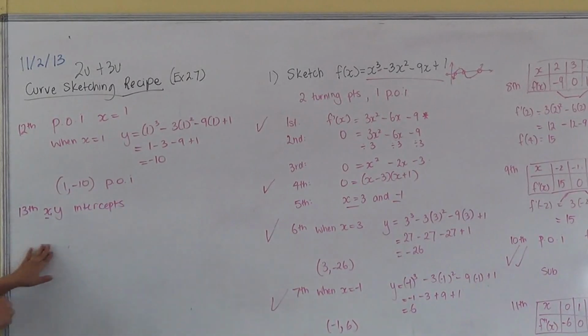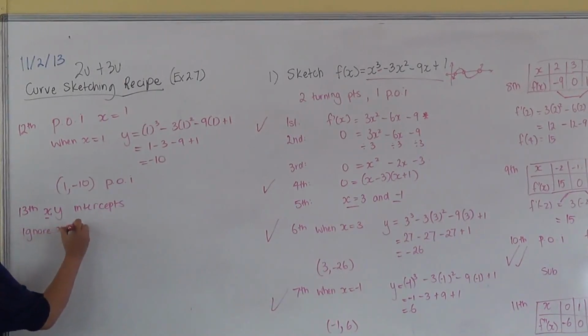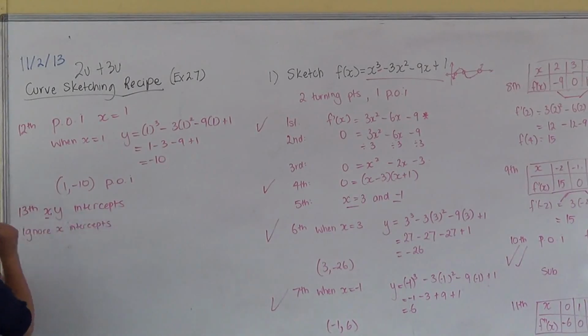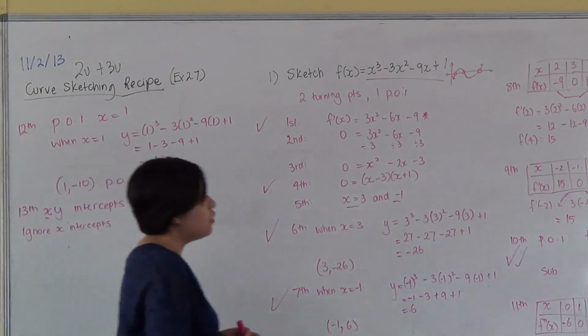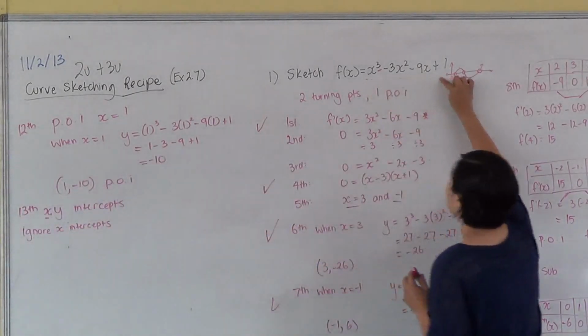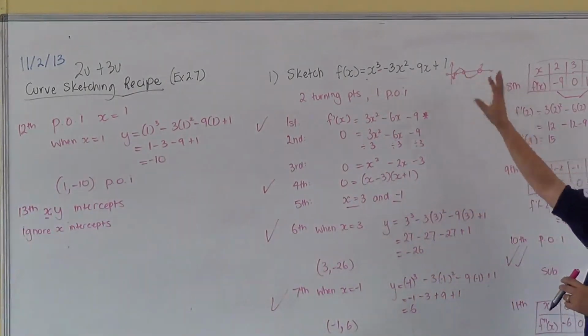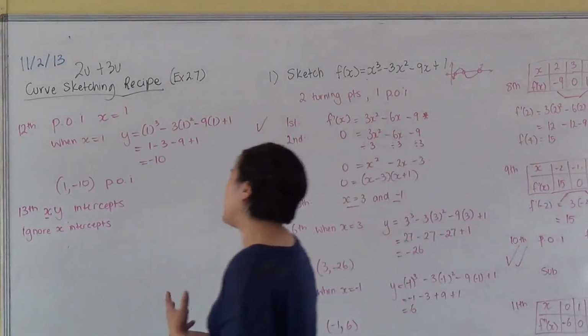So we're doing y-intercepts now. We're going to ignore x-intercepts for now, and the reason is that 2 unit students haven't been taught how to solve cubic graphs or cubic equations.